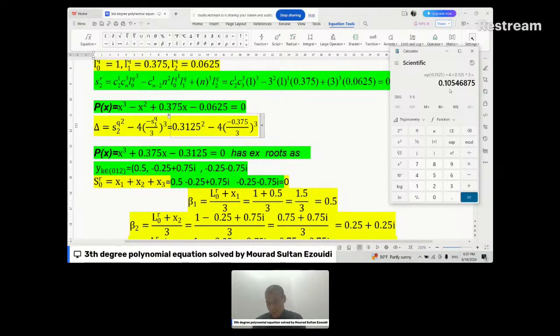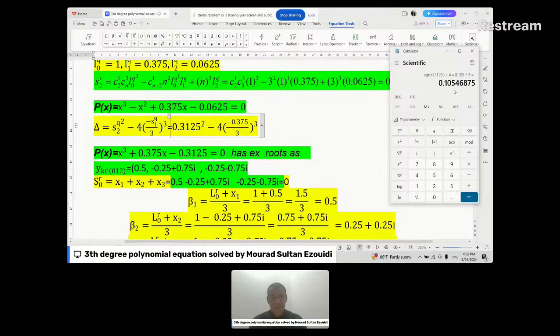So we have 0.3125 squared minus 4 times, between parentheses, negative 0.375 divided by 3 raised to the power 3. So this one equals negative 105469, approximately. You can round this.